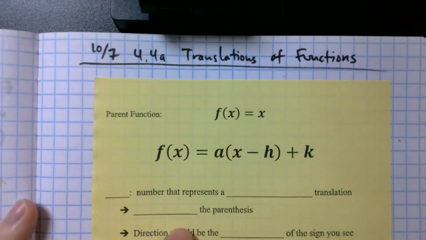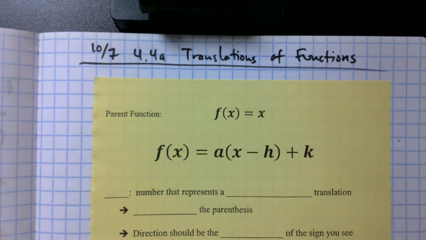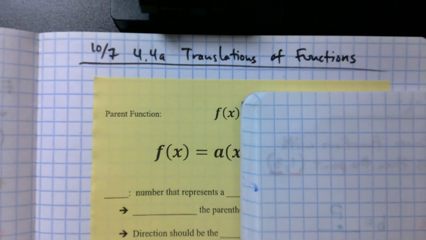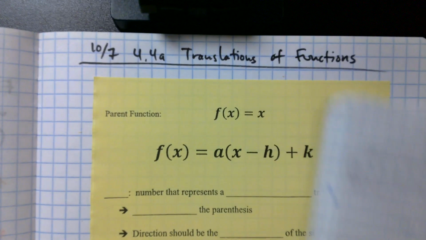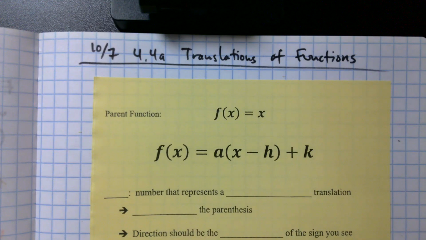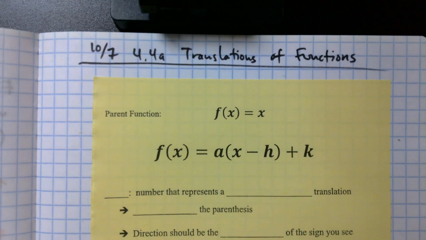If I have this notebook, right? I want you to name the transformation that I do to this notebook. Are you guys ready? What is this? Rotation, right? Okay, you ready? Here's the next one.